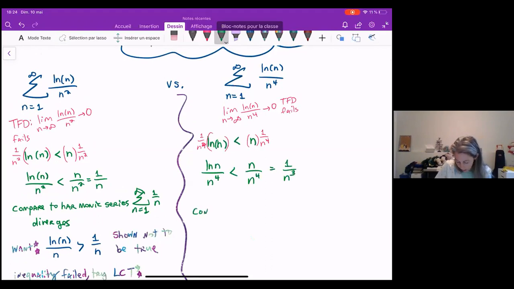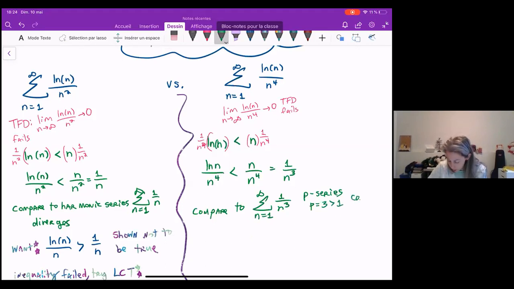So we want to compare to the sum 1 over n cubed, n equals 1 to infinity, which is a p series. My p is equal to 3, which is bigger than 1. So this converges.